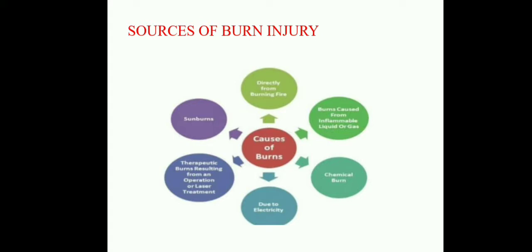They keep their hands in it, or they go directly to that fire. Second, burns caused from inflamed liquids or gases. The first is fire, second is liquid or gases, third is chemicals, and fourth is electricity. These burns may occur in children.